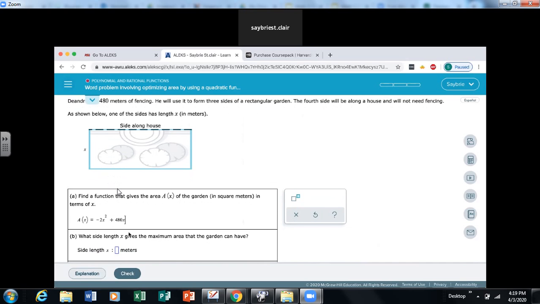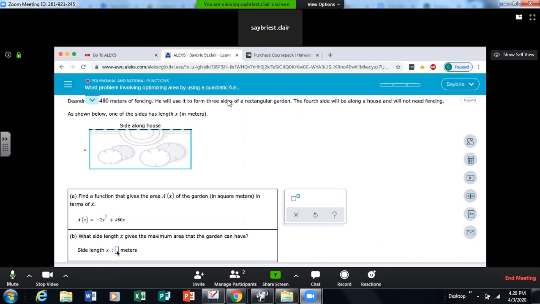So if I plug that into negative b over 2a, I'm looking at negative 480 divided by 2 times negative 2. So I'm looking at negative 480 divided by 4, which gives me 120.